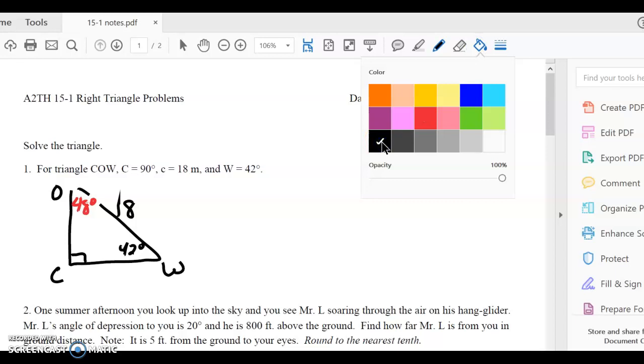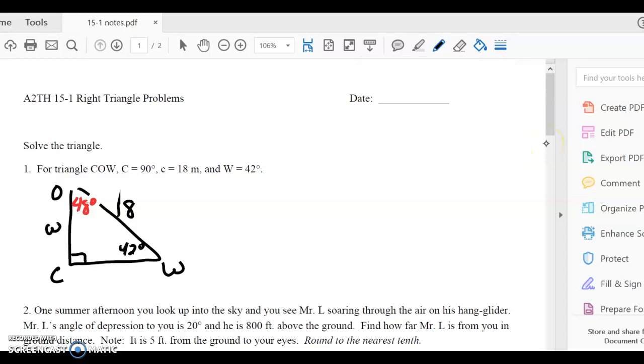Then we can use the 42 to find little w. So little w is the side opposite angle W. So we'll say the sine of 42 is equal to the opposite side w over the hypotenuse 18.